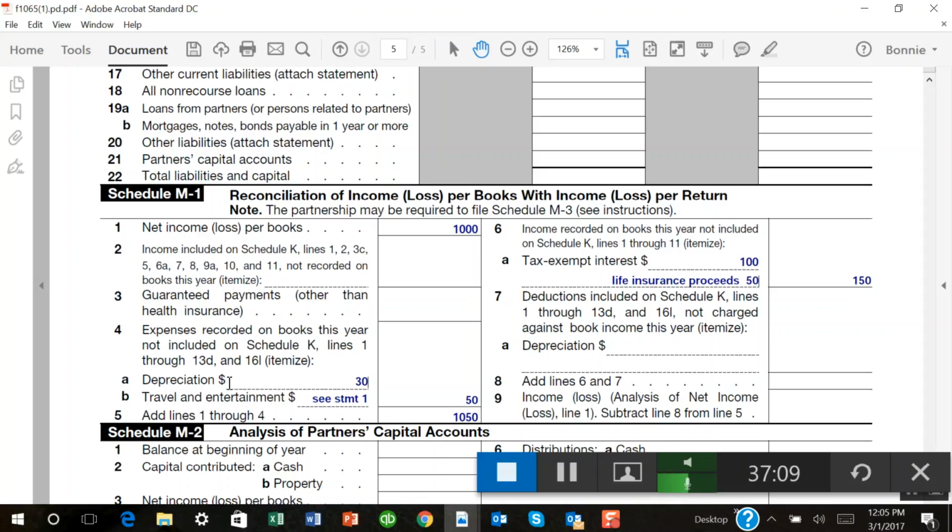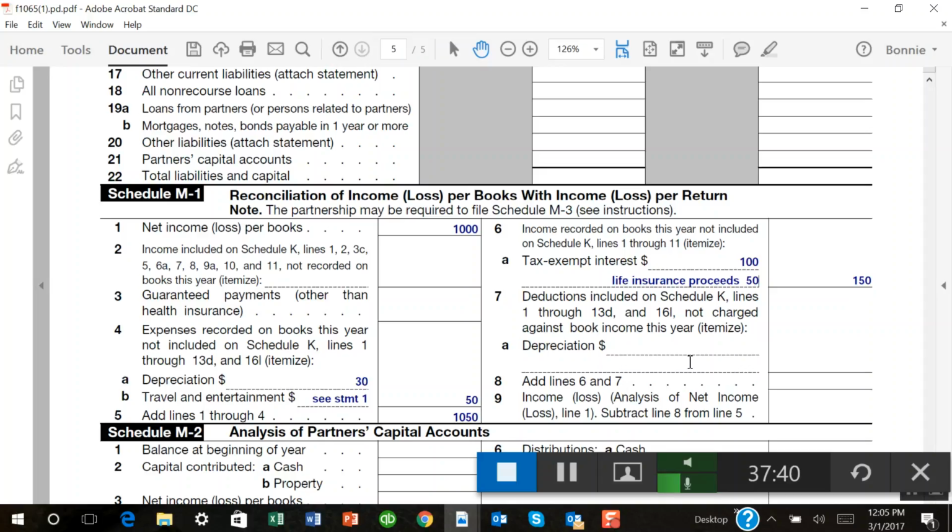So if you're depreciating it straight line over 5 years, you would take $30 of depreciation in year 1 for book purposes, correct? But for tax purposes, there's this code section in the code called section 179, that tells you that certain assets that are purchased, if you meet all of the rules, can be expensed in the year of purchase, 100%.